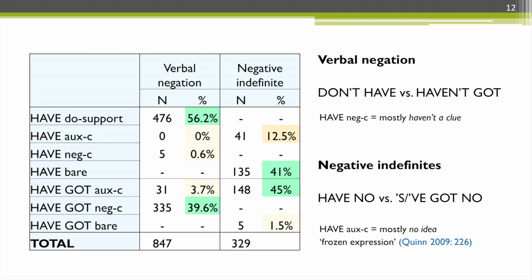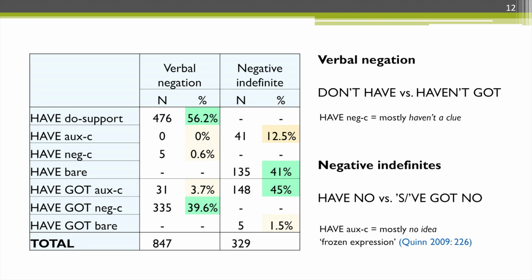There's some slight use of the negative contracted have, which isn't shown, but only 5 tokens, and 4 out of 5 are the phrase haven't a clue, which has been suggested to be a fixed phrase.